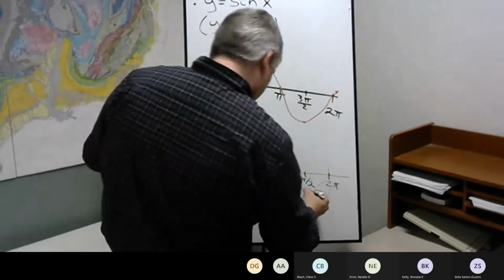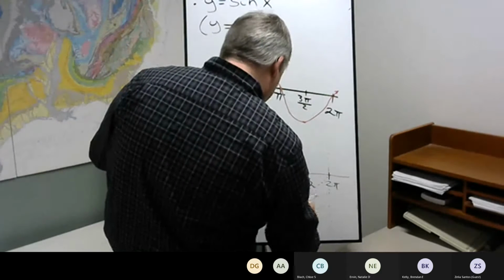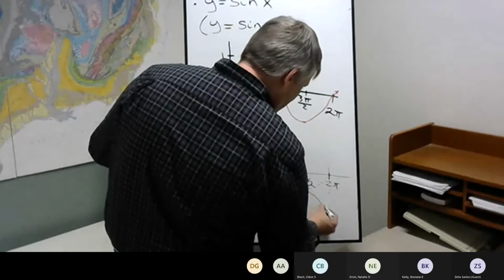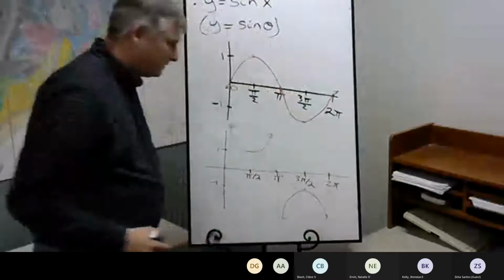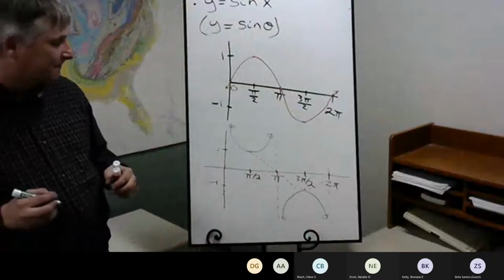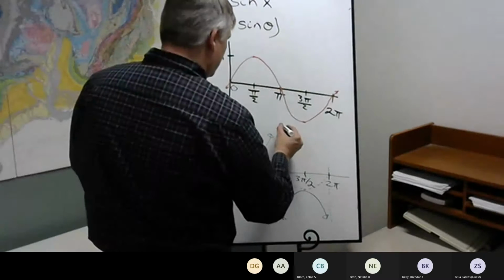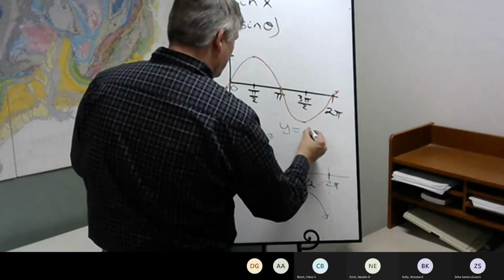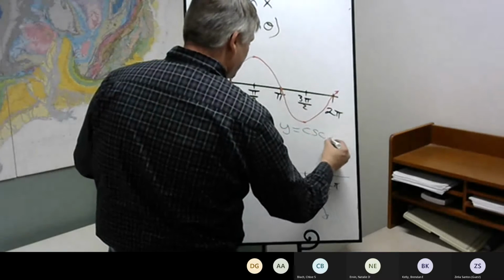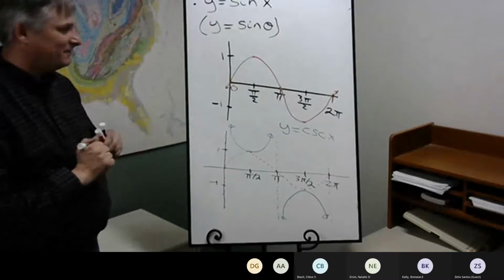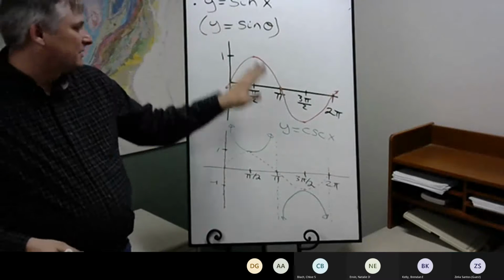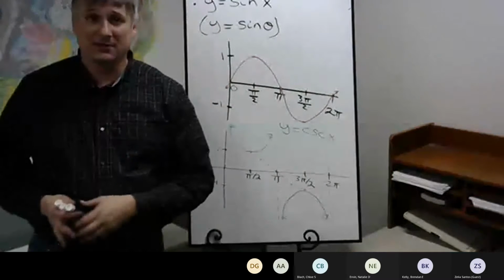The same thing here. At the bottom of the sine function, again, staying between the asymptotes, put in that little parabola. And so this would be one period of y is cosecant x. So you've got your sine x, and from that you can get your cosecant x.